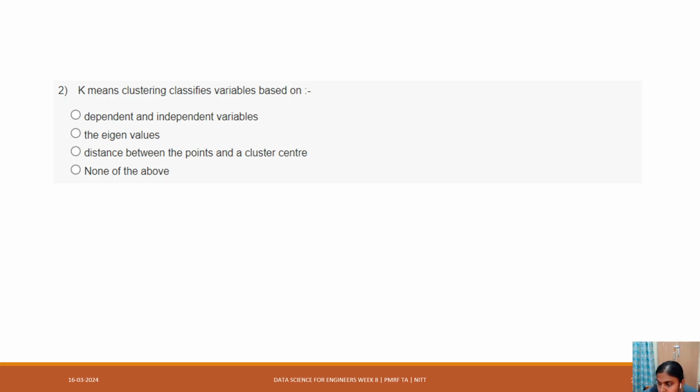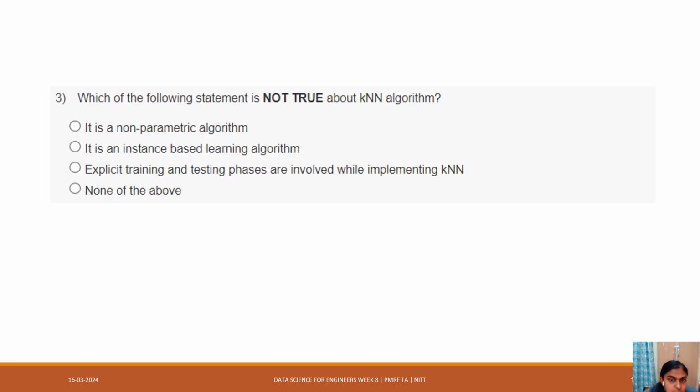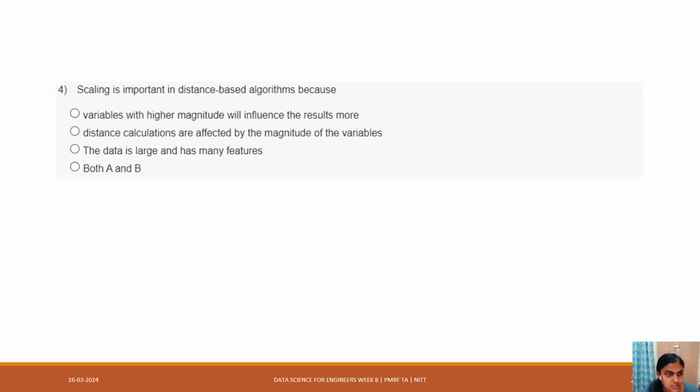So the distance between the points and a cluster center. Which of the following is not true about the KNN algorithm? Okay, explicit training and testing spaces are involved in implementing KNN.